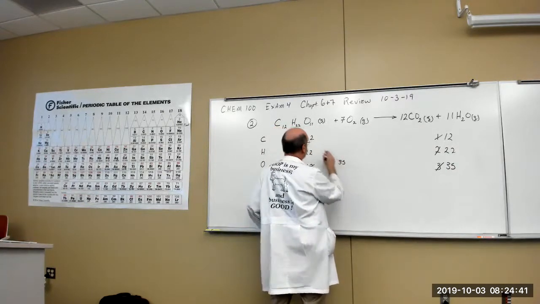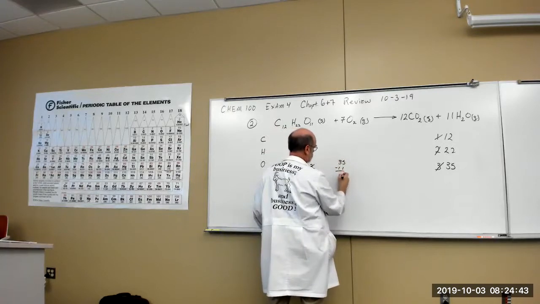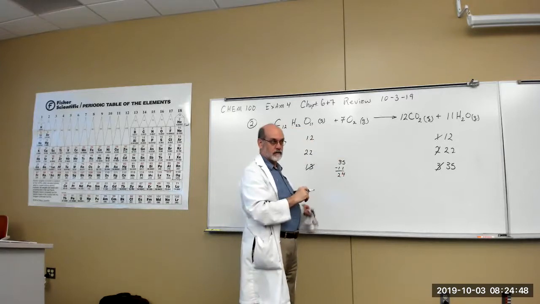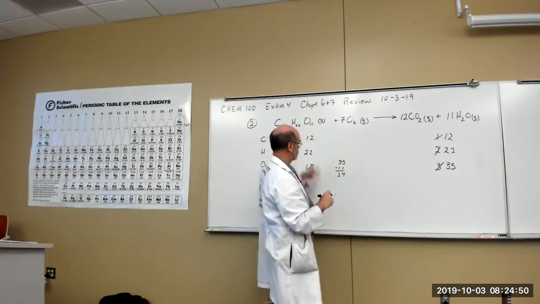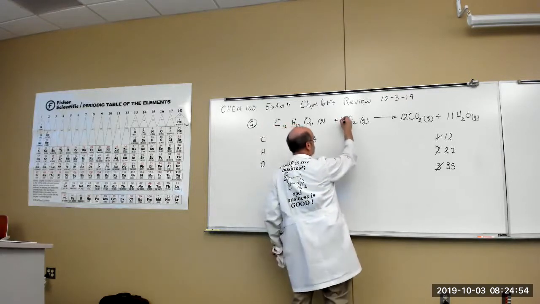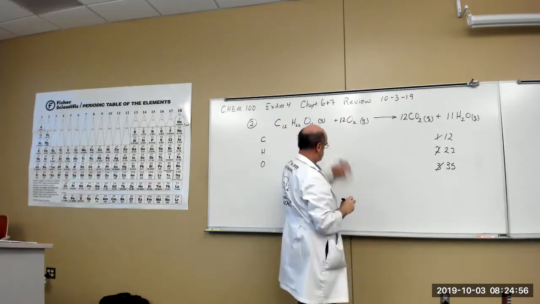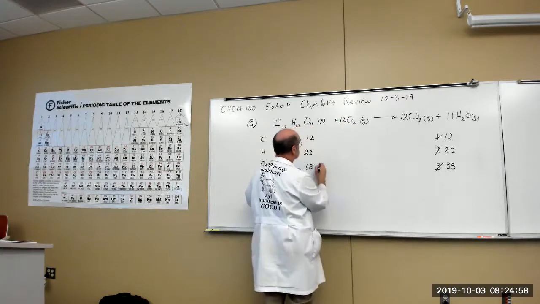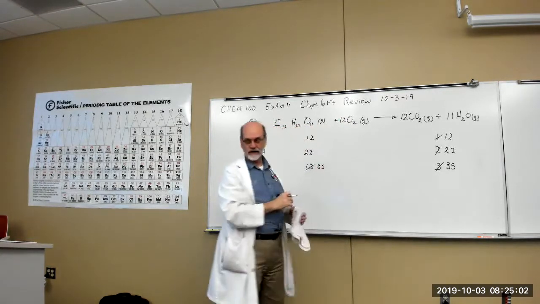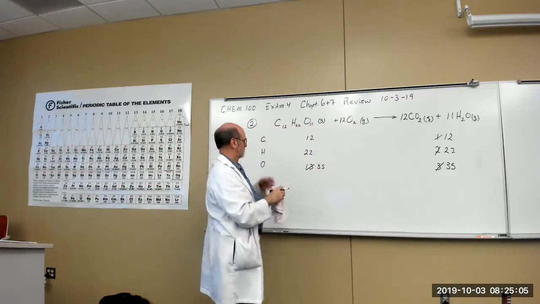We need 35. We've already got 11. So we need 24, don't we? Extra oxygens. So this would be what, 12? Let's see if that's right. That's what I got.